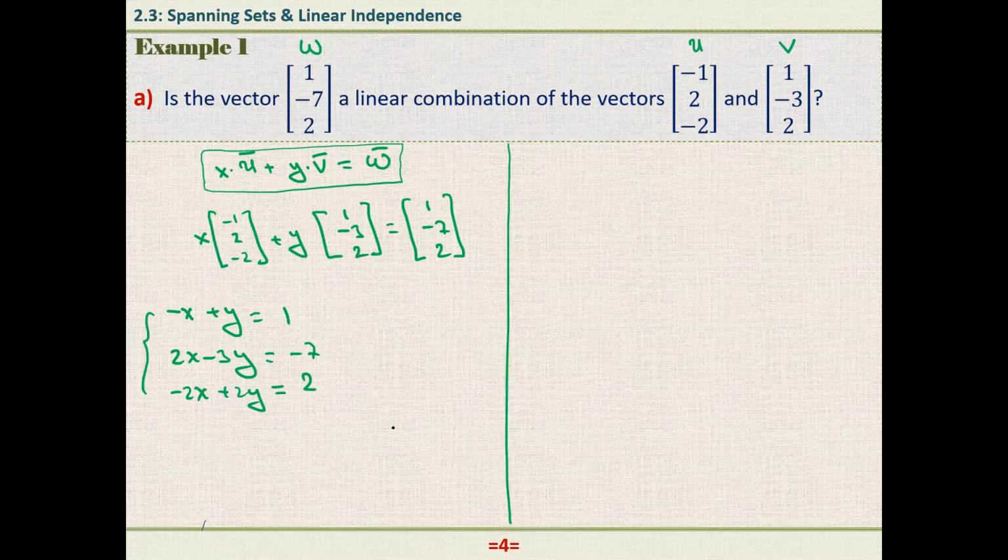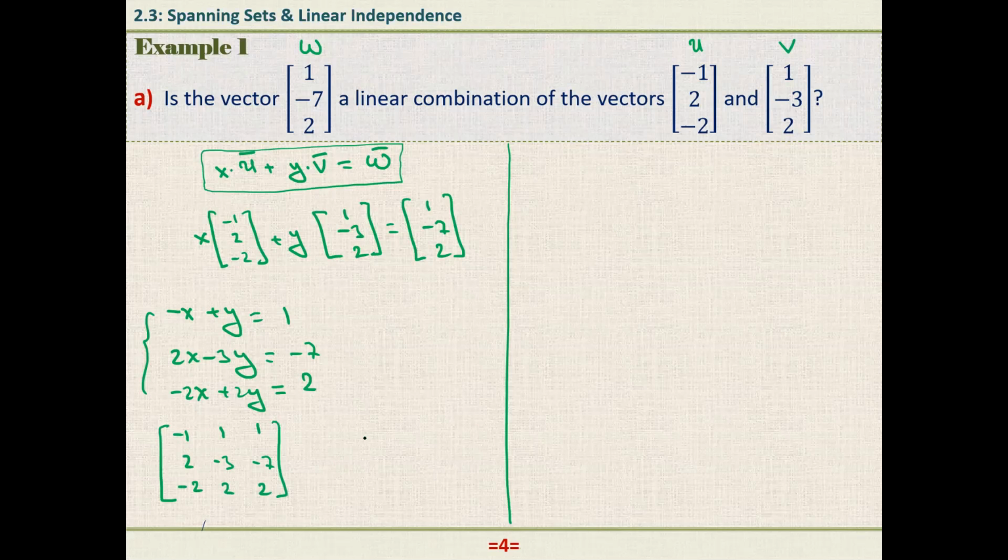To solve this, as you know, first we need to form our augmented matrix. I can write it as here: -1, 2, -2, and here we have 1, -3, 2, and the augmented column, that is 1, -7, and 2.